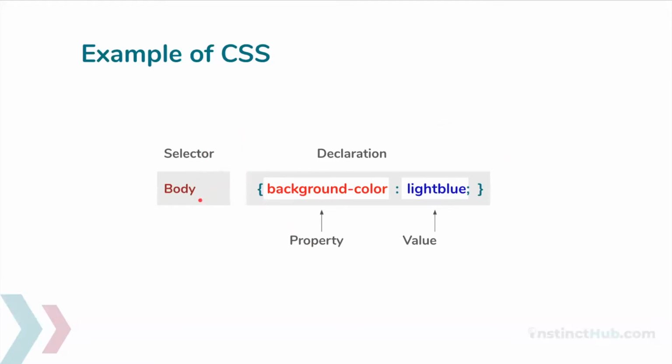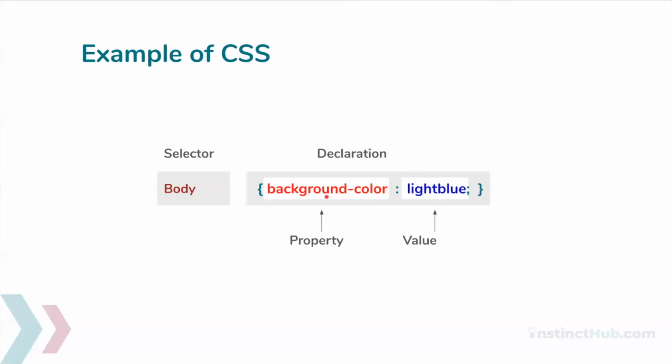So think about CSS as, first, you target the elements you want to style. It might be the header, it might be a P tag, whatever tag you want to target. So you have to select it. After you select it, you make your declaration. In the declaration, there are two parts.